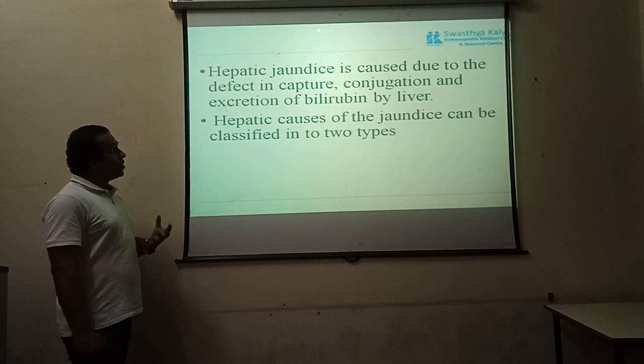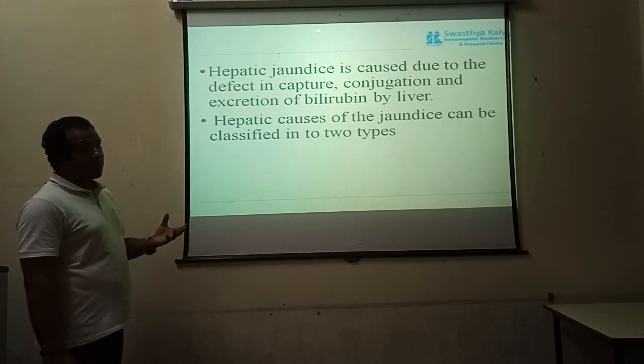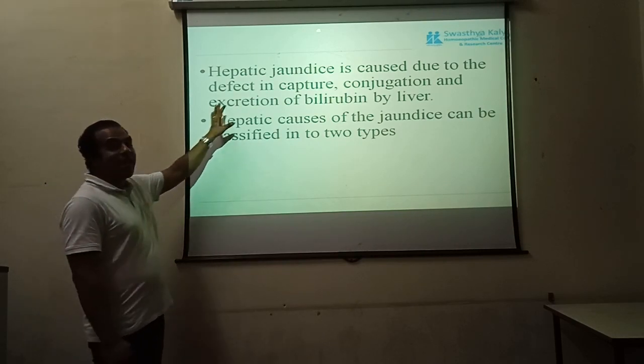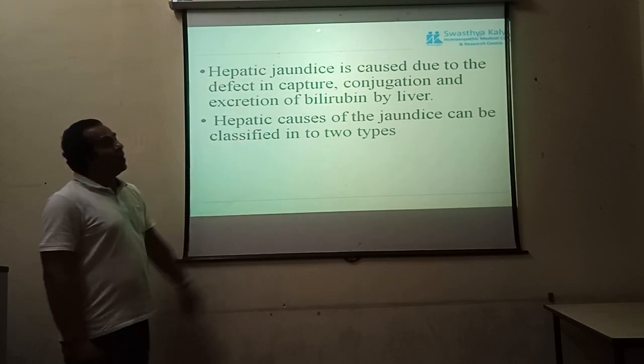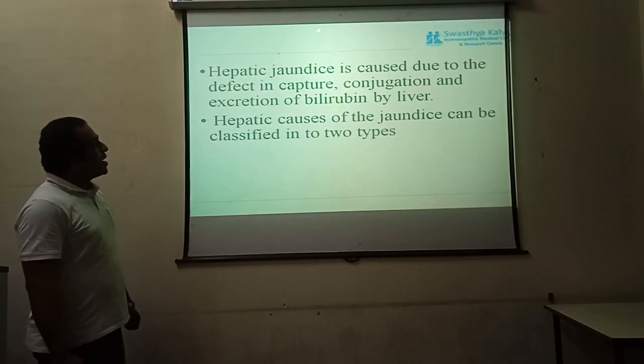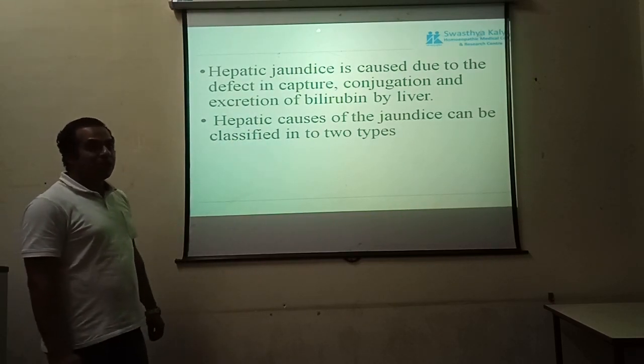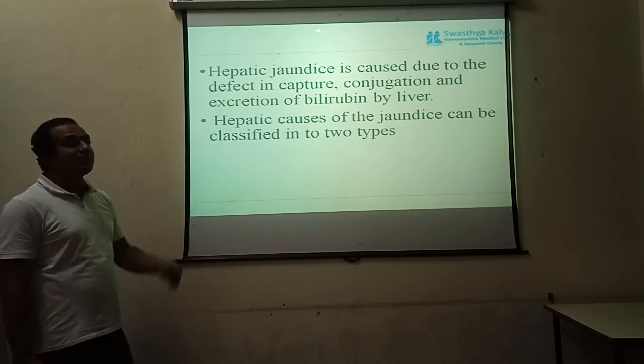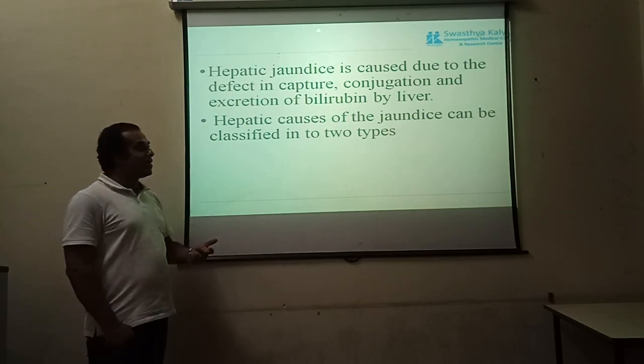Hepatic jaundice is caused due to defect in the capture, conjugation and excretion of bilirubin by the liver, and the causes can be classified into two types, that is the congenital and the acquired.